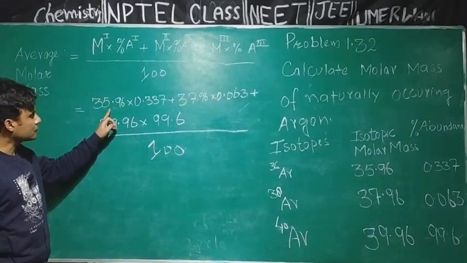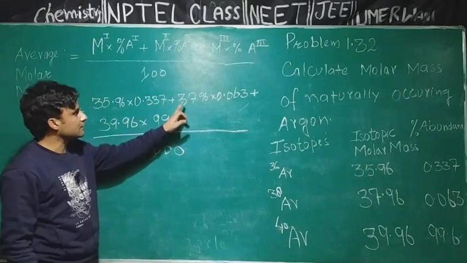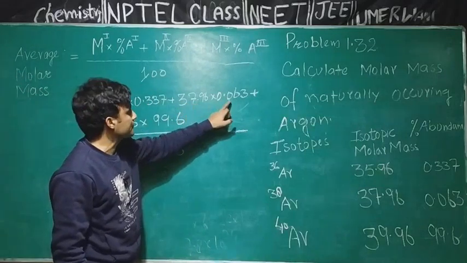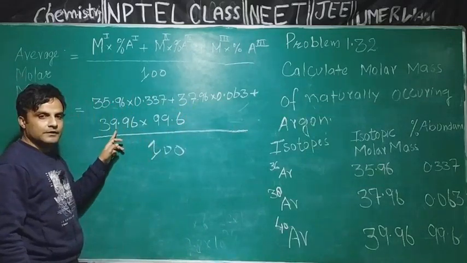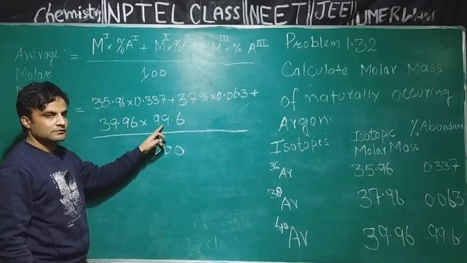This is molar mass of isotope first, its percentage abundance, molar mass of isotope second, its percentage abundance, molar mass of isotope third, its percentage abundance.